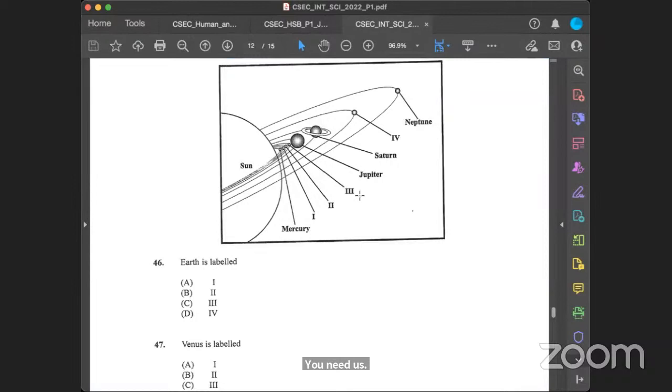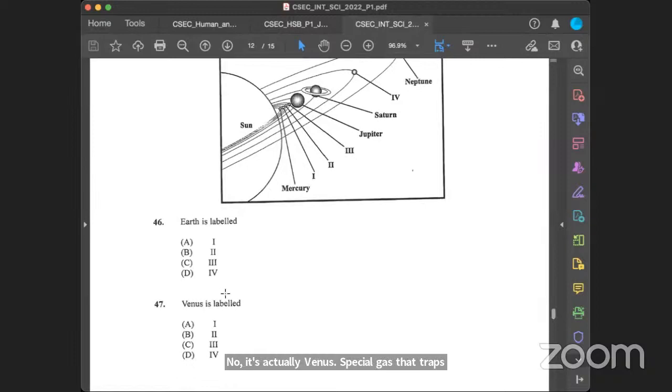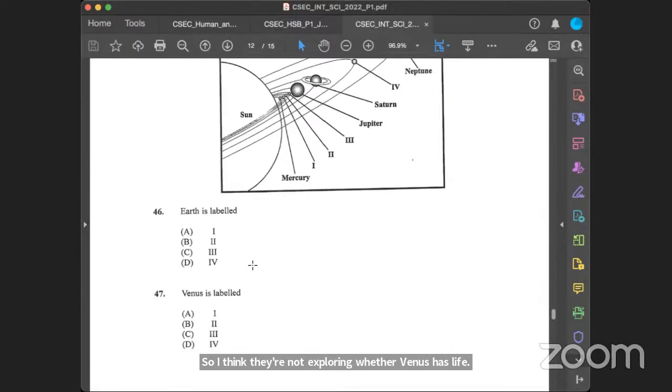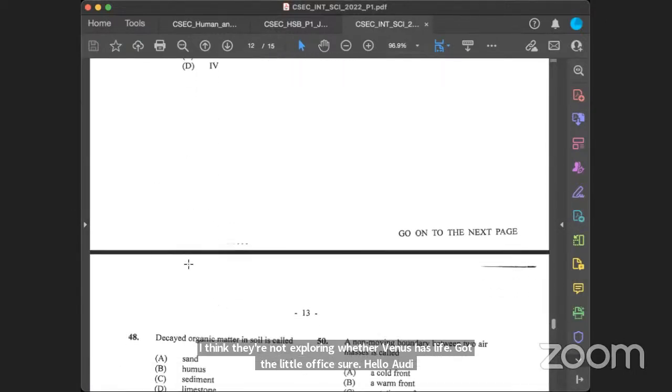Venus has special gas that traps heat, the same thing that we know as greenhouse gases. So why do you think they're not exploring whether Venus has life? Because they don't know for sure.